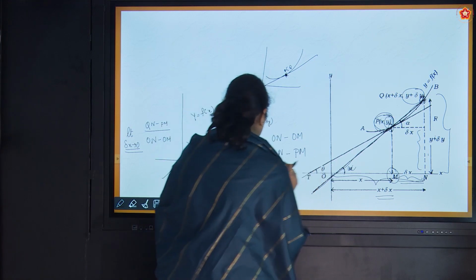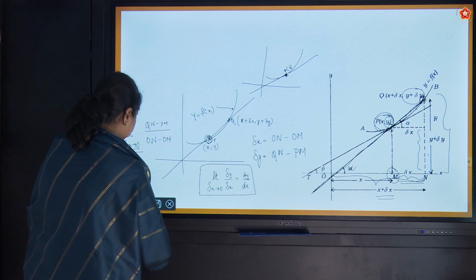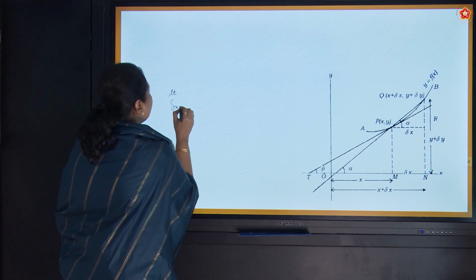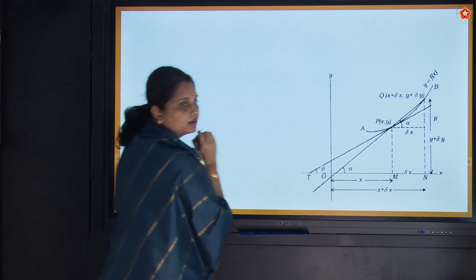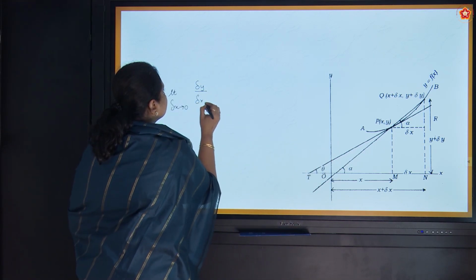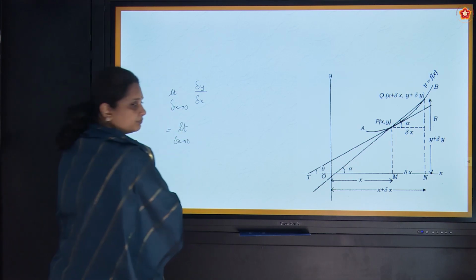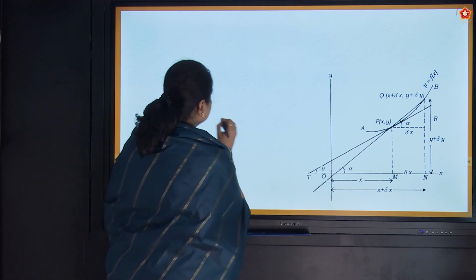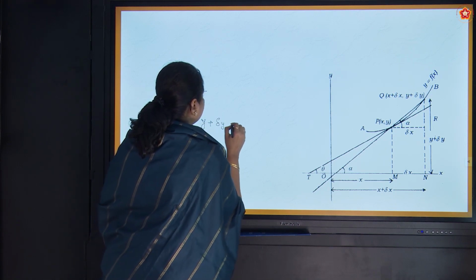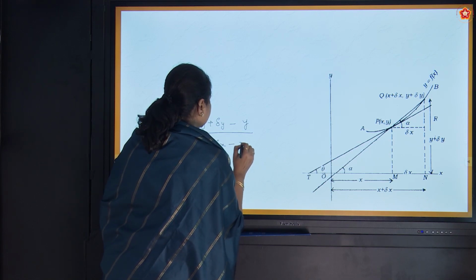So now, when I talk about this distance, the limit delta x tending to 0 of delta y by delta x is given by the limit delta x tending to 0 of y plus delta y minus y divided by x plus delta x minus x.